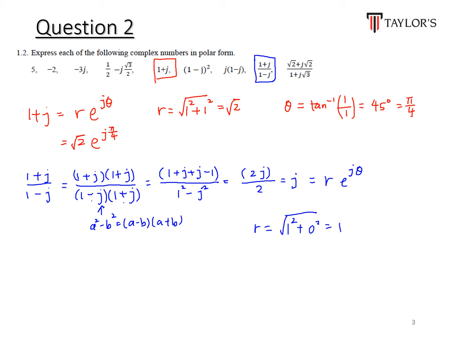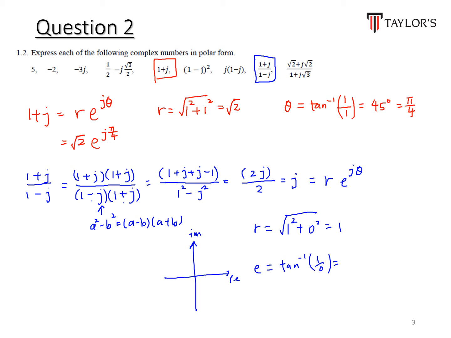And you just get back 1. As for theta, it is the arctangent of 1 divided by 0. In this case, you need to draw out the quadrants to take a look. So this one is the real, and this is the imaginary.